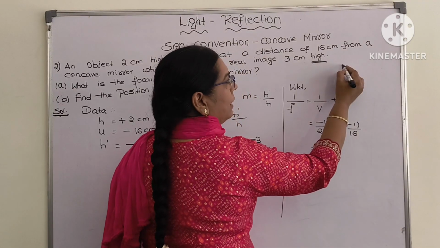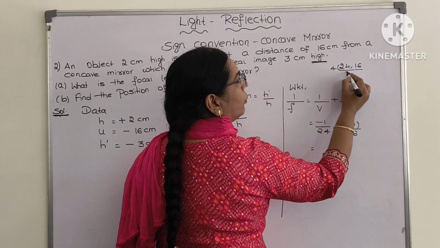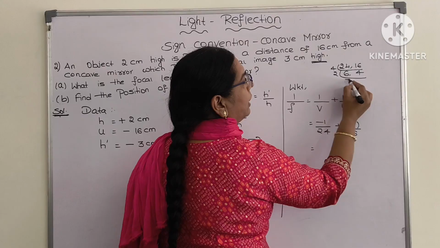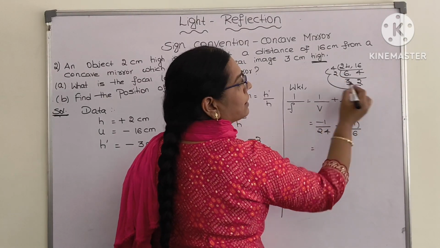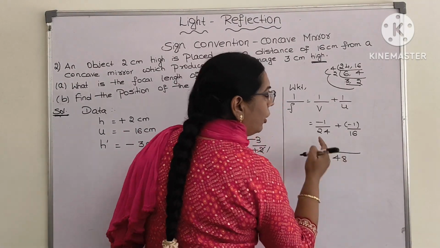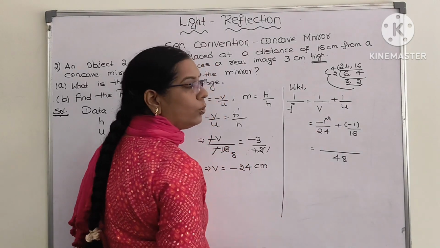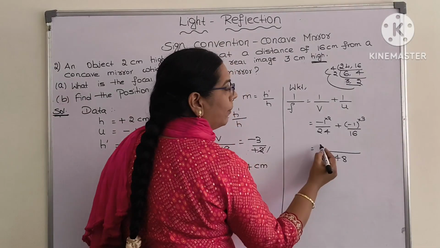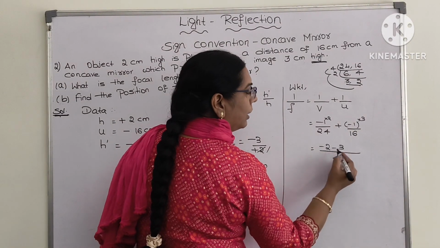So what is the LCM of 24 and 16? 4 fours, 4 sixes 24, 4 fours 16, and then 2 threes, 2 twos, multiply 4 twos 8, 8 sixes 48. So the LCM is 48. 24 twos is 48, so multiply it with 2. 16 threes is 48, multiply its numerator with 3. So this will be minus 2 plus into minus, minus 3.